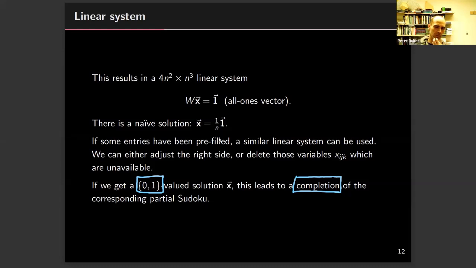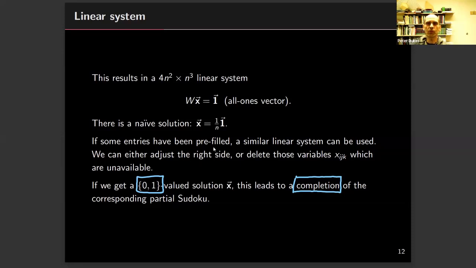Because there are basically going to be n ways to extend one of these pairs to a valid placement of a symbol. And if every value is 1 over n, then we win. Now, this turns out to be not very interesting from a puzzle point of view, as I say, but it is going to be really useful in our analysis of this work that we did.